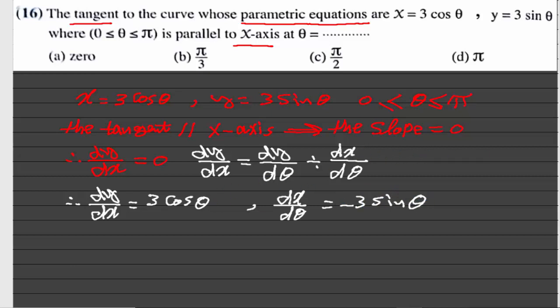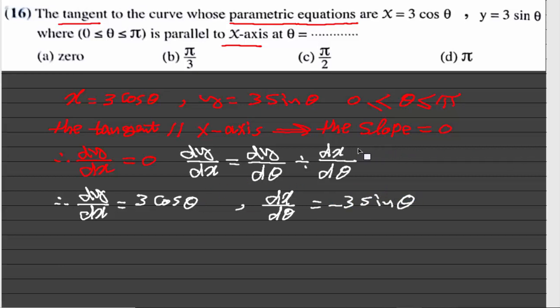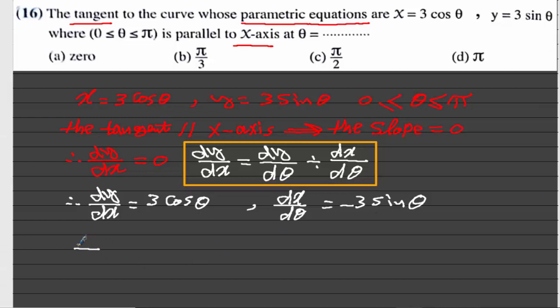So substituting in this form to get dy/dx equals dy/d theta, which is 3 cosine theta, divided by negative 3 sine theta.